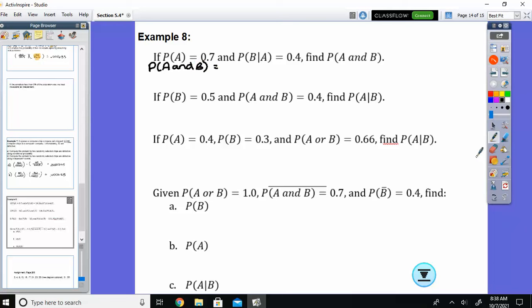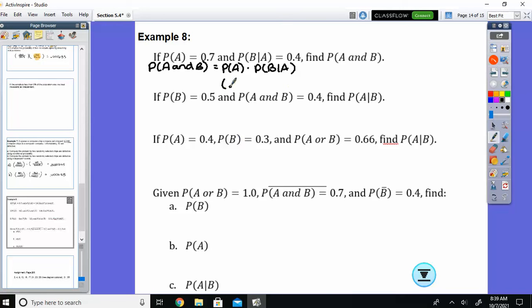The probability if they're independent and then our regular. Did I tell you that A and B were independent? No, so we have to use our conditional, which that formula is the probability of the first times the probability of the second given the first.